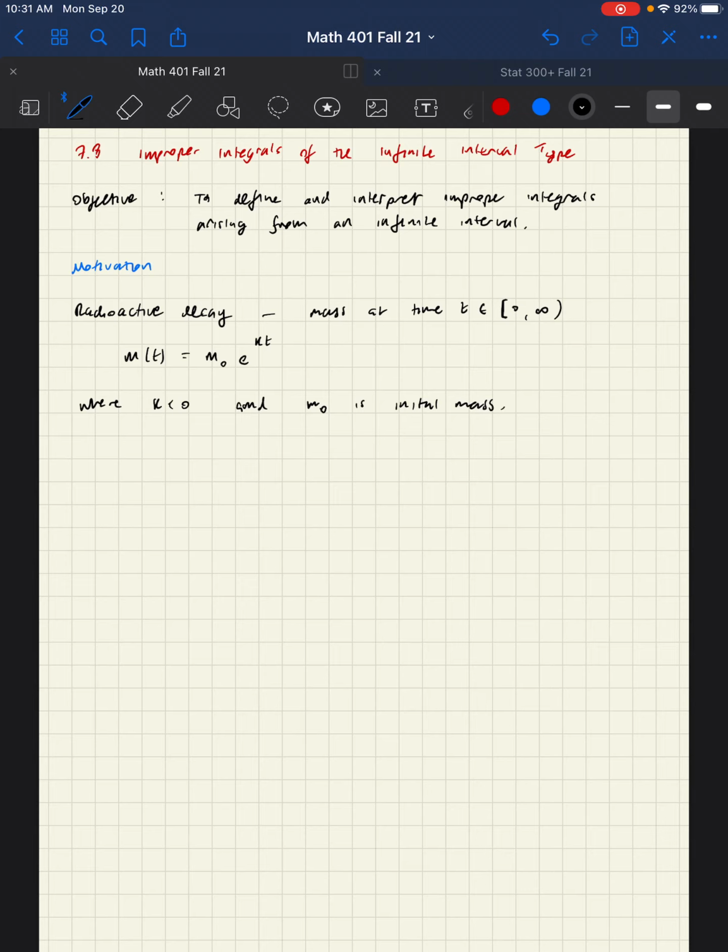Now this is not new. We've covered this. We've talked about how this model arises and what it means. So the function decays over time. I'll just graph it briefly so you can see what that looks like. So it typically looks like this, something like that. Eventually it decays to 0, so we know two things here.